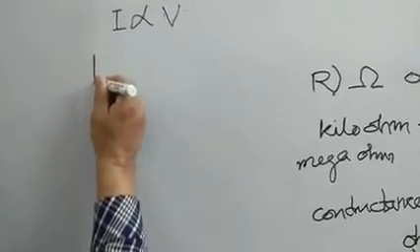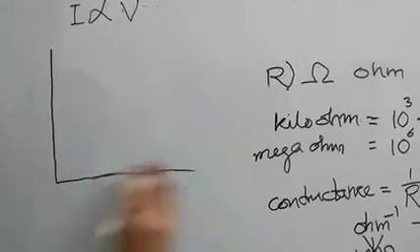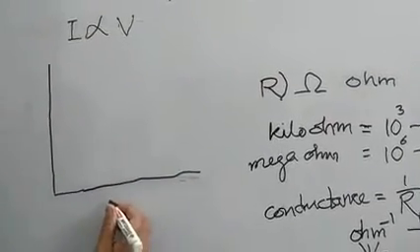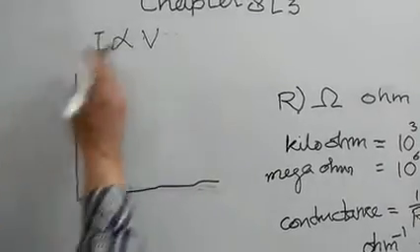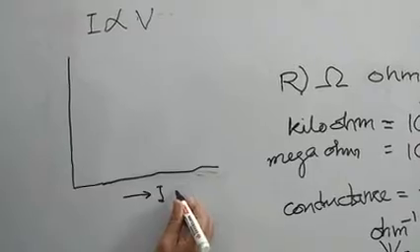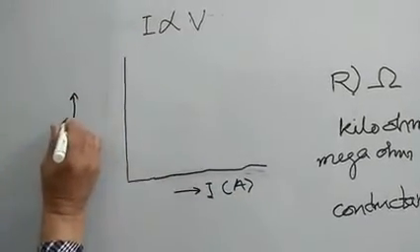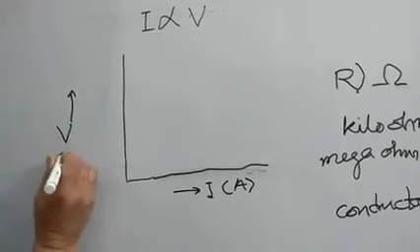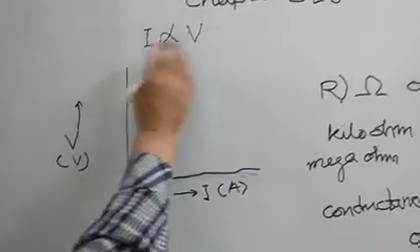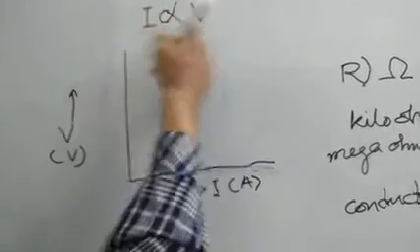If you plot a graph of I versus potential difference, that means in a circuit, if you have means of measuring current and means of measuring voltage, and if you have current here in amperes and potential difference here in volts, then because they are directly proportional to each other, if one is double, the other one is also double.